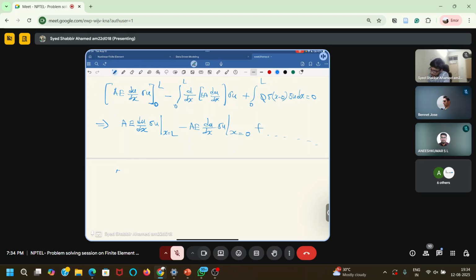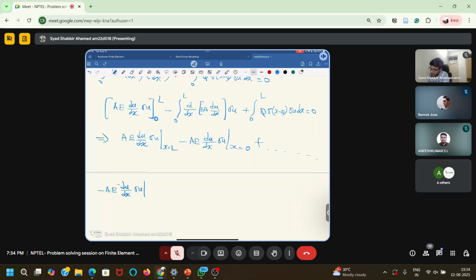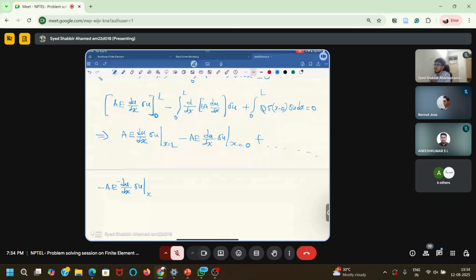So there will be some other terms, we will write them. That's why we will be remaining only with this del u at the free end, where there is some force which is active, at x equals 0.